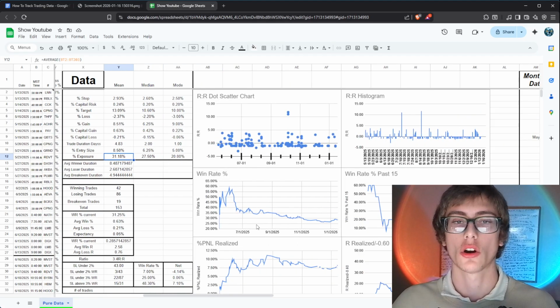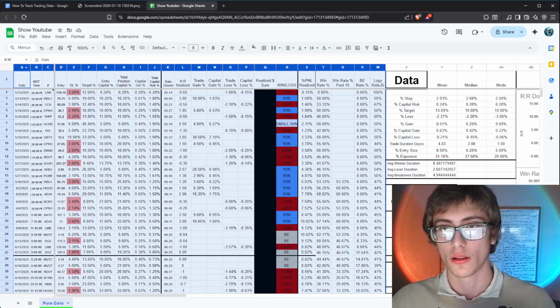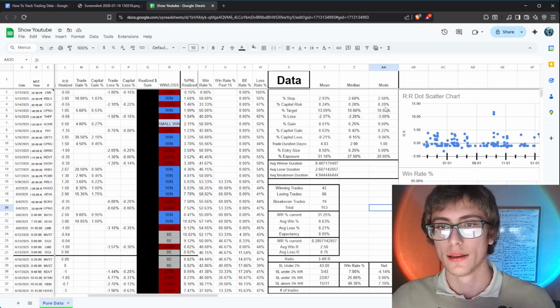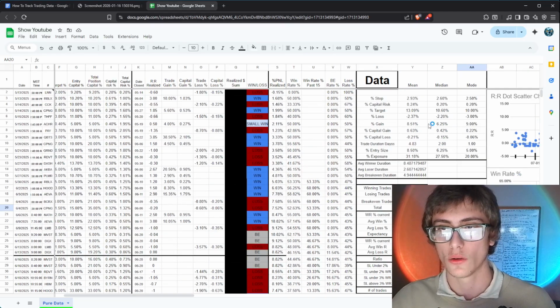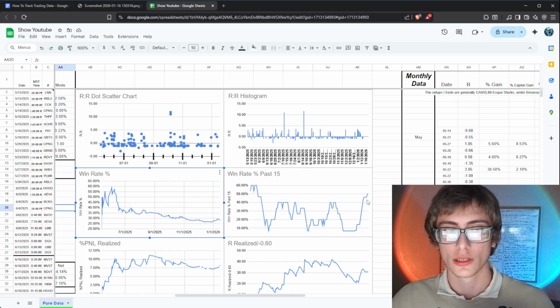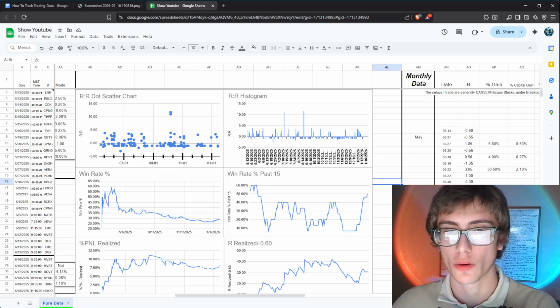Moving on is the charts. So once you have all of these data points, from column A to W or whatever, or A to AA, you can make charts based off of this data, which is one of my favorite ways to interpret my data.